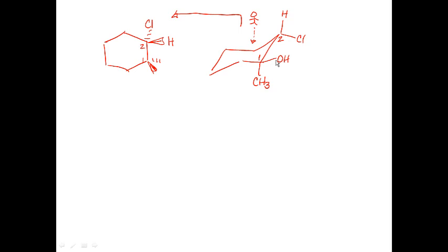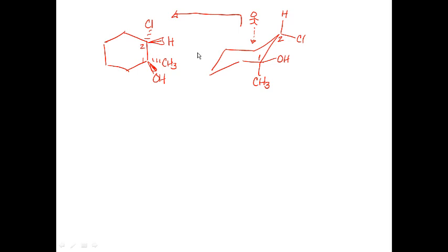Again, if you're above the plane of the ring, is the OH above or below the plane of the ring? The OH is above the plane of the ring. So the OH goes on the bold wedge, and the CH3 goes on the dashed wedge. So once you convert a chair cyclohexane into this structure, then we can just use the procedures that we just used to determine R and S configurations of each one of those chiral carbons.